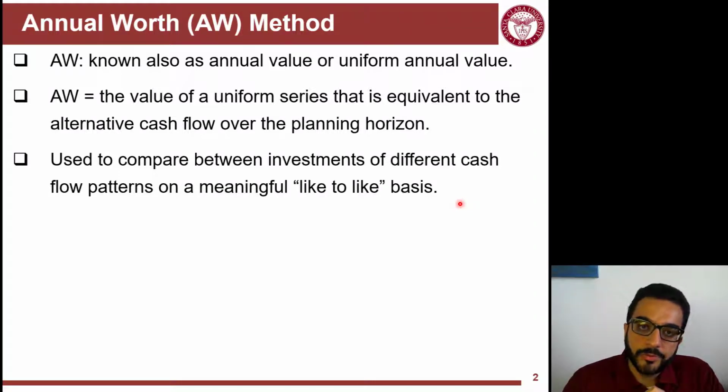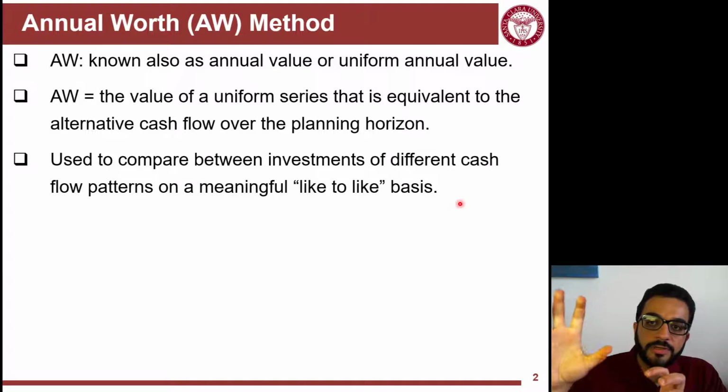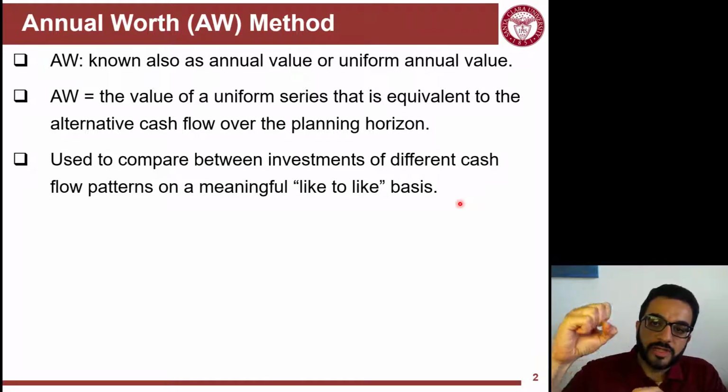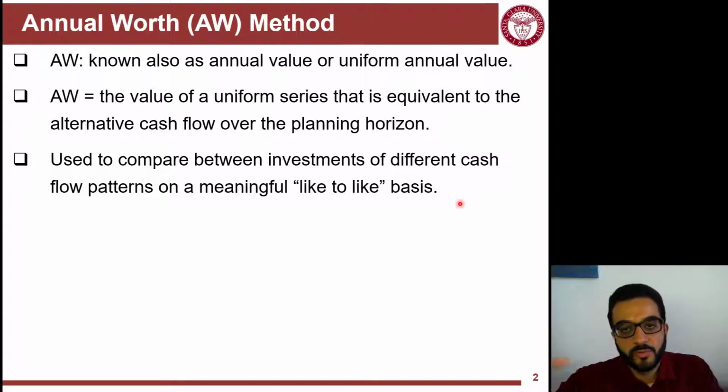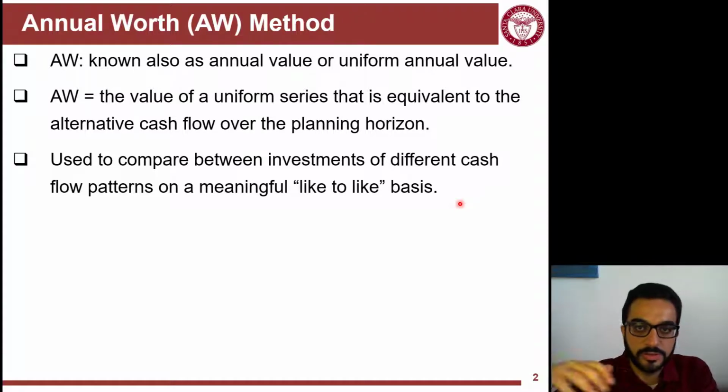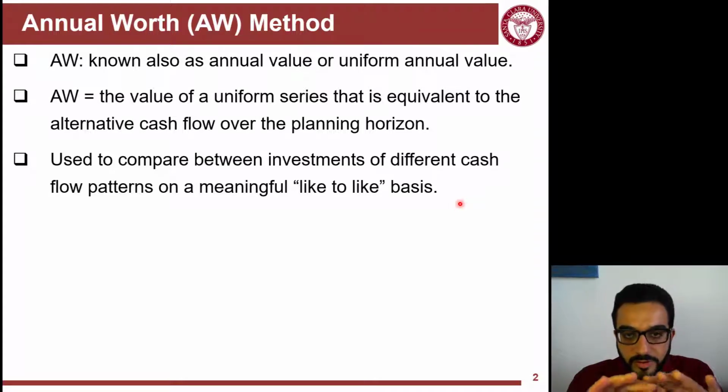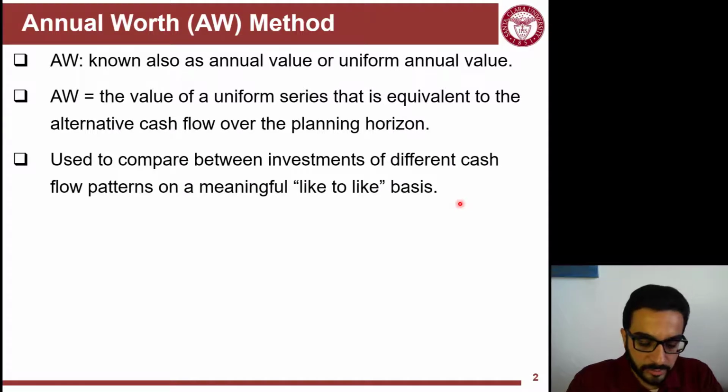In the present worth, it was an apple-to-apple comparison by bringing the value or worth of the cash flows to the present, and I'm calculating that big number in the present. And the future worth is similar, but at the future point of the cash flow. But now the annual worth is kind of melting or getting that equivalence of the cash flow over years.